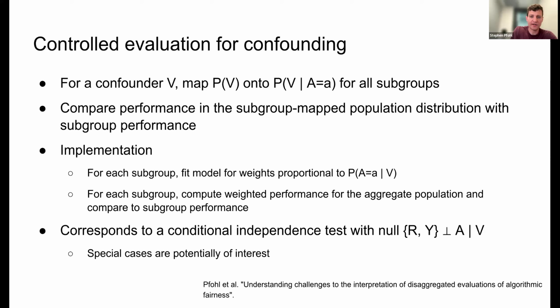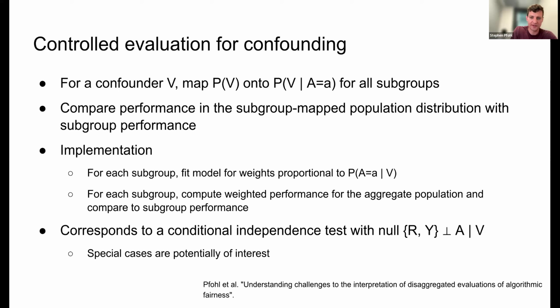And the main idea here is that you would like to balance the distribution of some control variable V across subgroups, maintaining the conditional distribution of other variables conditioned on V. And so intuitively, what we're doing here is reweighting the entire population distribution to match each of the subgroups and doing this separately for each subgroup.